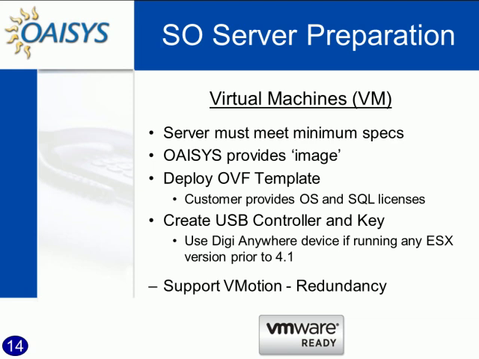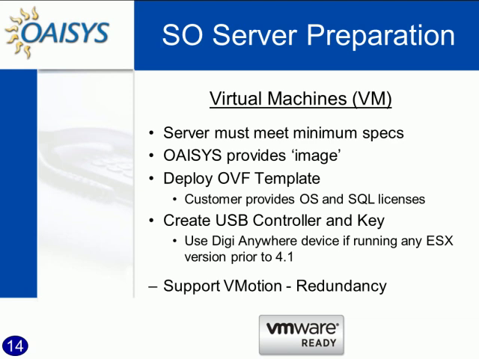How you read that USB information is going to be dependent on the version that you're running. If we need to, we can use that Digi AnywhereUSB device to connect to that physical USB dongle, or we can just create a fake USB key and controller on the VM partition, and that will connect and give us our licensing information. So, virtual machines, very quick and easy.